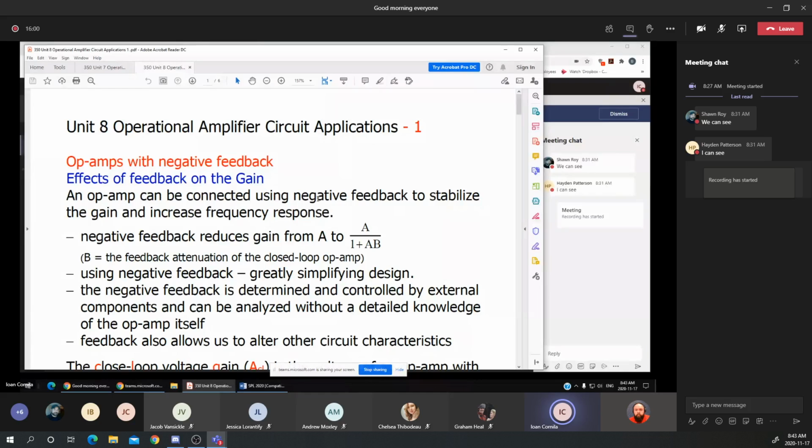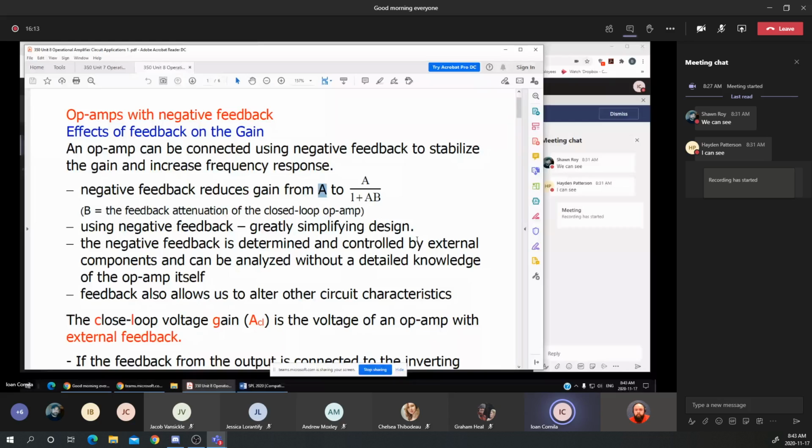In calculations, we have to make some new notations, and one of them we are already familiar with is the gain. I mentioned that most of the time we are using A as the gain, but at the same time we are using B as the attenuation.